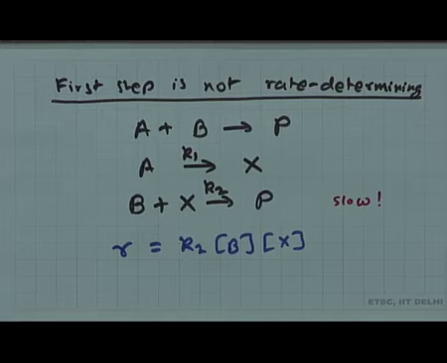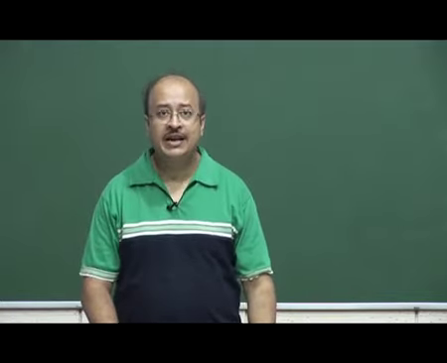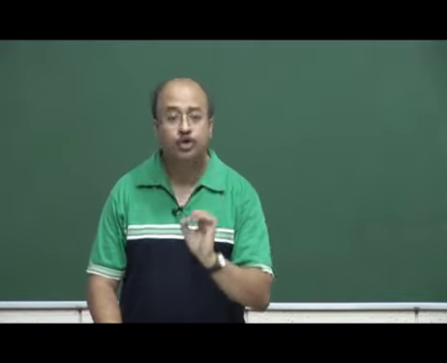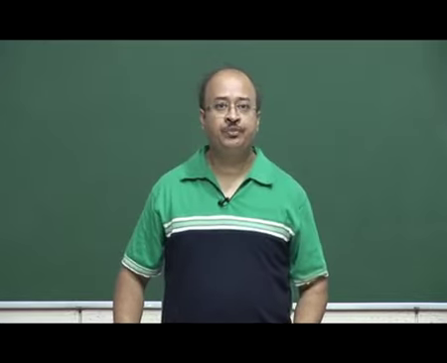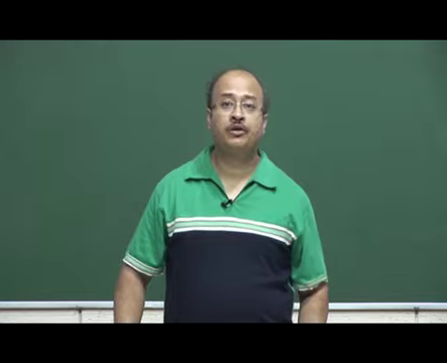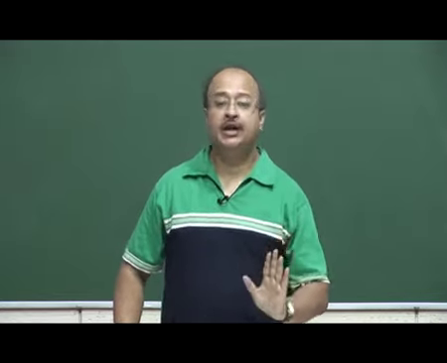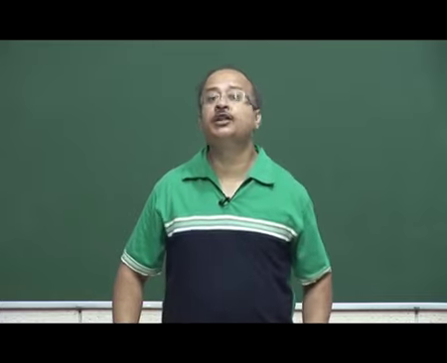We have already discussed that all intermediates cannot be isolated, are not easy to handle, and cannot be easily observed experimentally. Hence, it is better not to write a rate expression involving an intermediate as much as possible. We try to avoid any intermediates in the final rate expression.